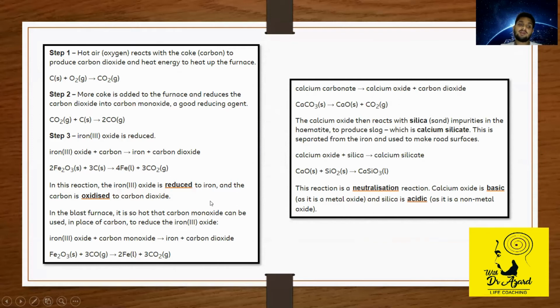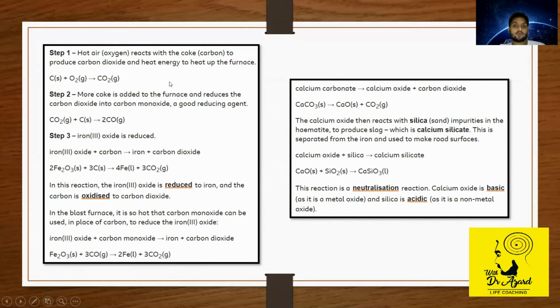But say in case we don't have much oxygen, or maybe due to this high heat, from this reaction straight away, we can use this carbon monoxide, and then it reacts with iron oxide to form iron and carbon dioxide, and that's also a possible reaction. So this reaction and this reaction, either of them is correct. Okay, so either of these is correct. In this, carbon is the reducing agent. In this case, carbon monoxide is the reducing agent.